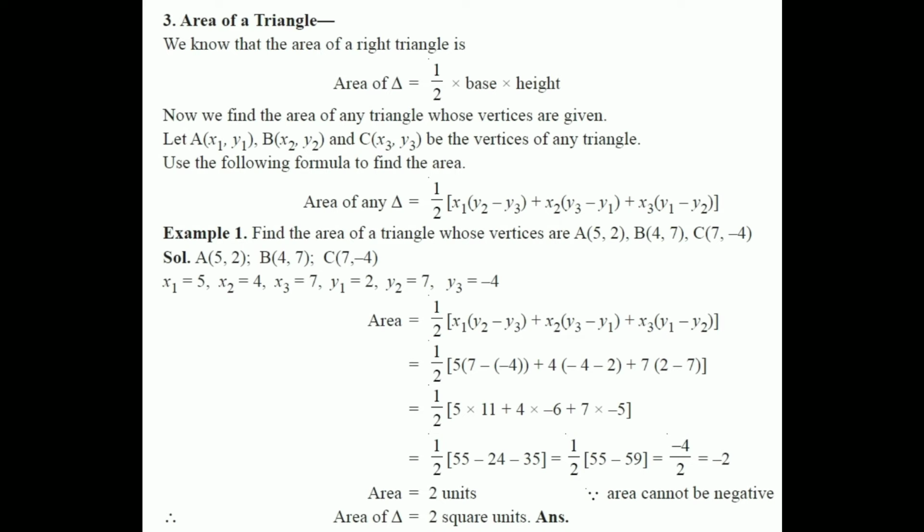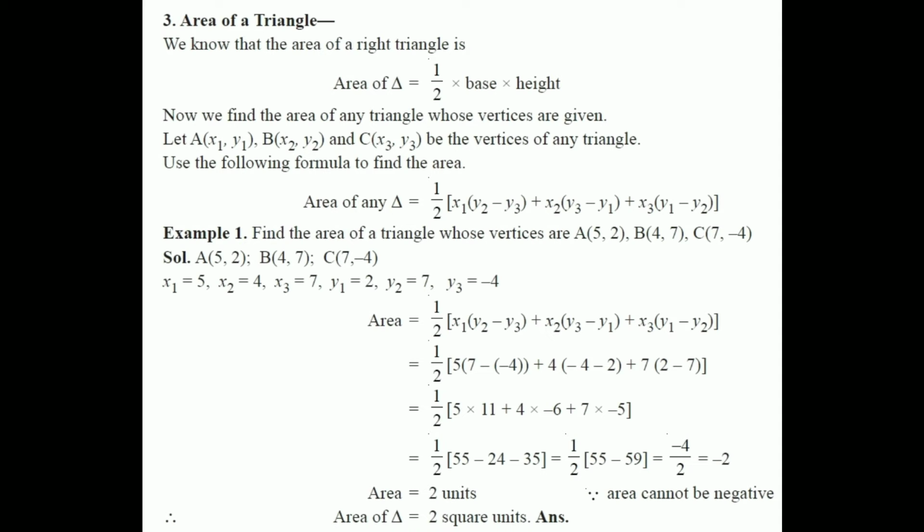Let us see and learn this with the help of example 1. Find the area of triangle whose vertices are A (5, 2), B (4, 7), C (7, minus 4). The three vertices are given to us and we have to find out the area of the triangle.